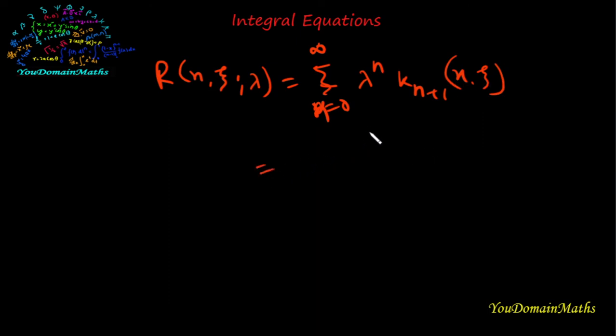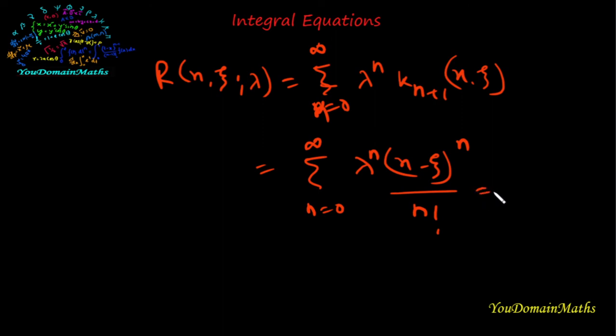Putting the iterated kernel here, we get the summation from n equals 0 to infinity of lambda to the power n times (x minus xi) to the power n over n factorial, and it can be written, so easy, as e to the power lambda (x minus xi). This is not only the iterated kernel, this is the resolvent kernel obtained from the iterated kernel.